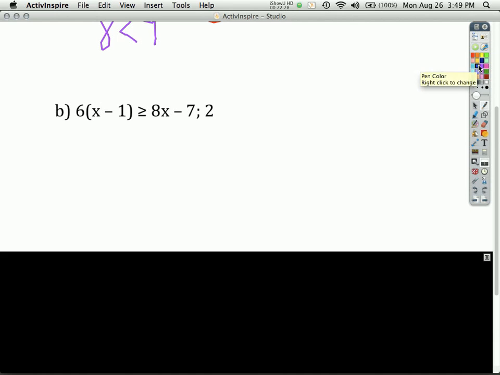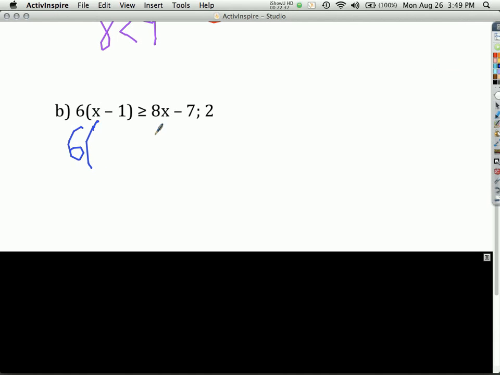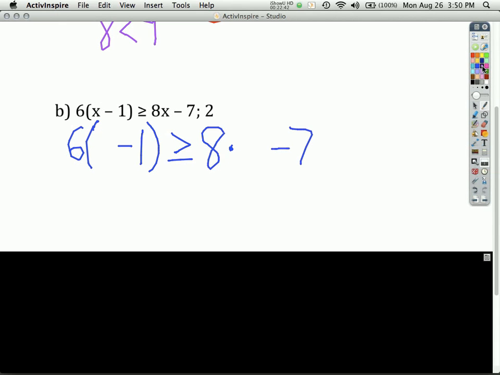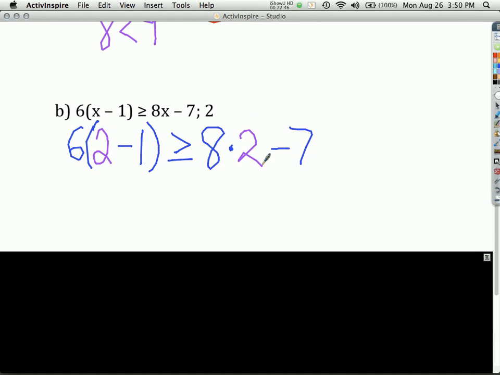So we've got 6 times... So now we want to simplify the left, simplify the right, and see if it's a true statement.